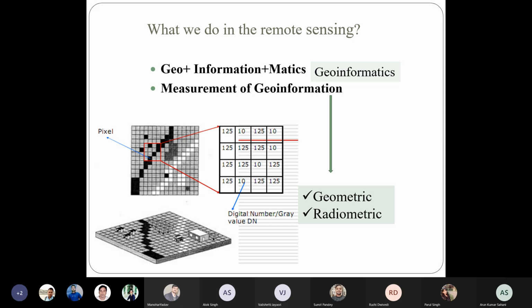Let me clarify it in a simpler way. Just hold your mobile phone and target it at some object. What does the sensor, which is built into the camera of your mobile phone, do first? That sensor automatically divides the total area in its field of view into square blocks. Let's say your camera focus is on an area of 3 meter by 3 meter.